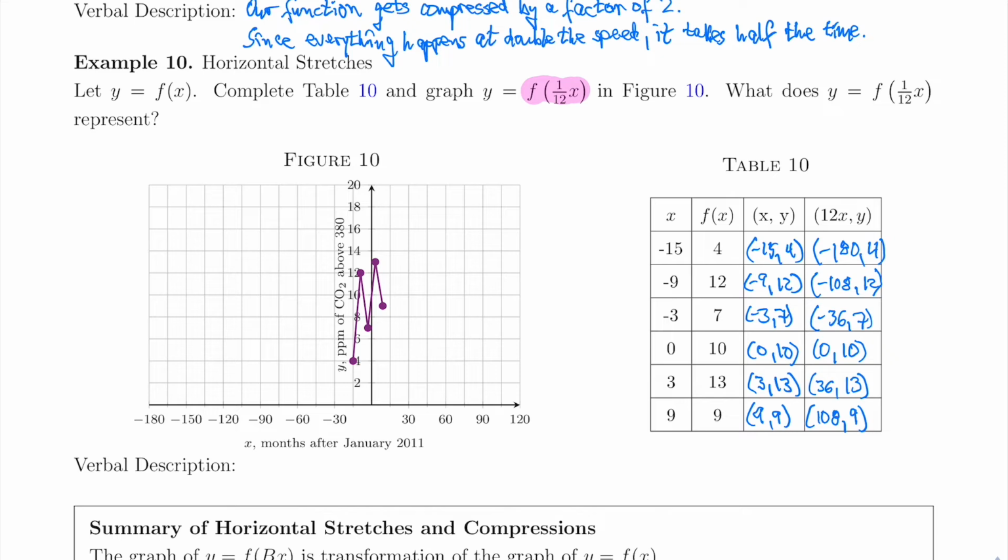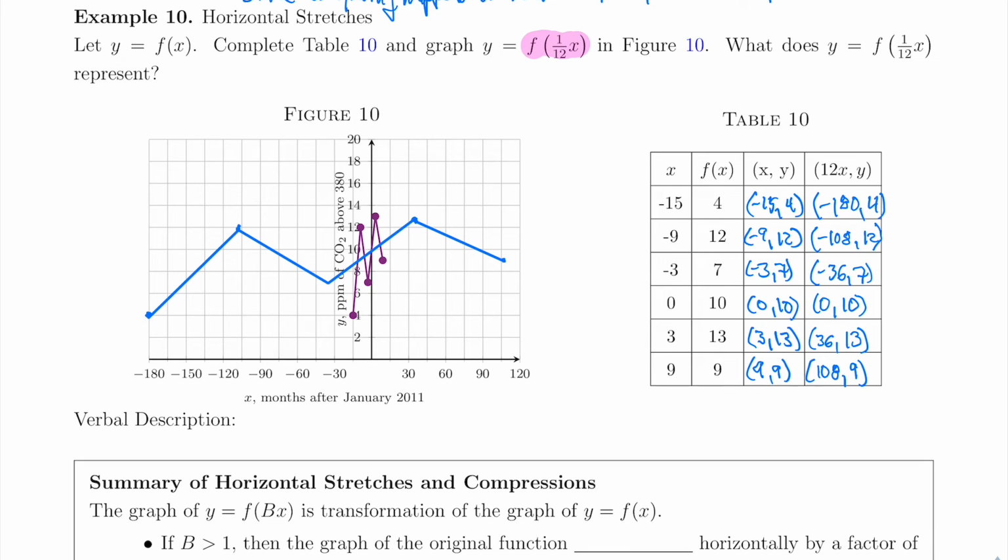And so we get negative 184, and then all the other points. And as you can see, with 108, we had to estimate that halfway between 90 and 120 is 105, and so right after that would be 108, and we'll do the same with 36.